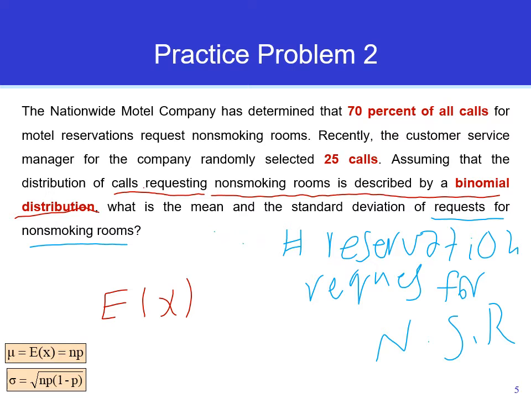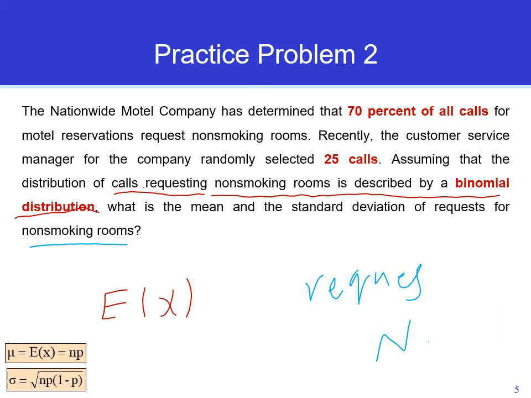So there are only two possible outcomes, a smoking room or a non-smoking room. There is no other way. And we also repeat this experiment each time a new customer calls. So this happens again and again.